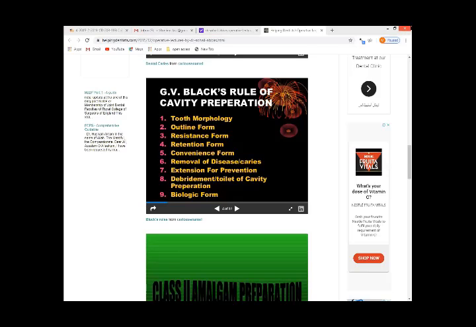One is the tooth morphology, meaning the plot on which we are going to design a cavity. So we should be very clear about the tooth morphology where we are designing this cavity. Then the outline form, how we will make the map on the occlusal surface or the proximal surface or any surface of the tooth.